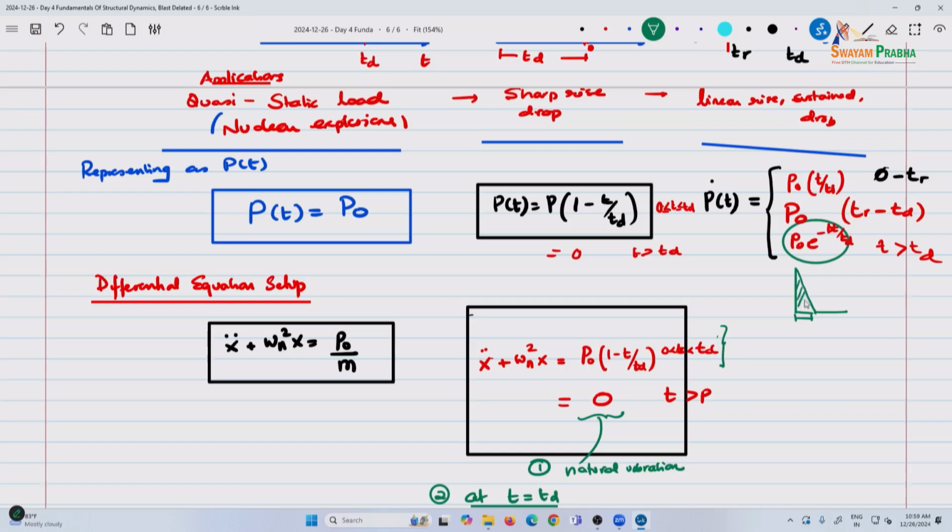How do you linearize it? Because solving the exponential part in the differential equation is going to be much harder than a linear drop. What would you do to linearize that function?